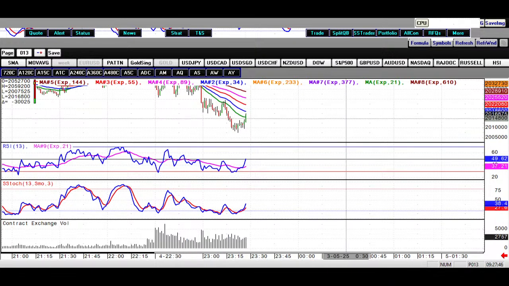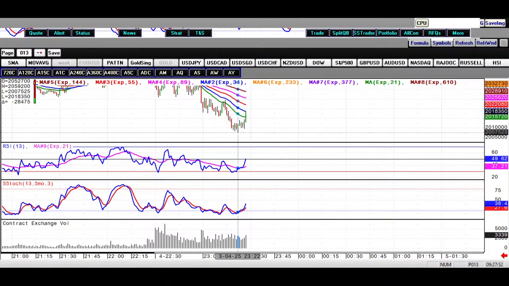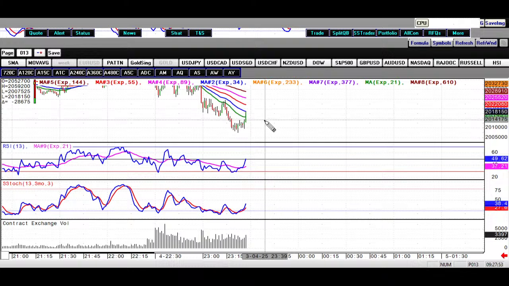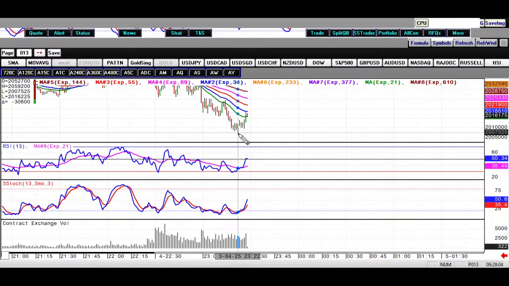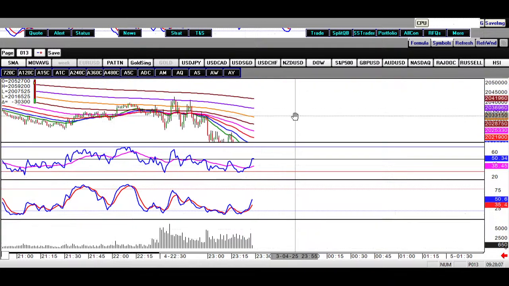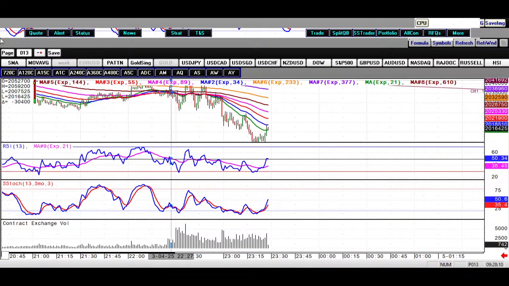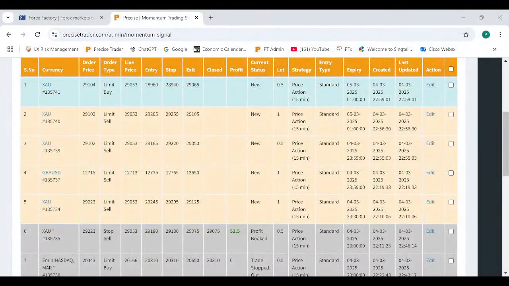Okay, so Nasdaq now is showing some strength, which we were expecting. So if this is the low, then we'll try to buy at 20130 with a stop below 55. Okay, then the TP we will maintain later.